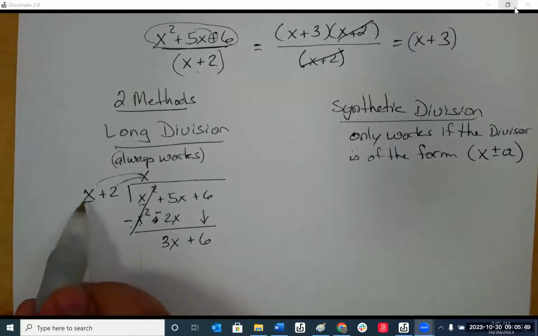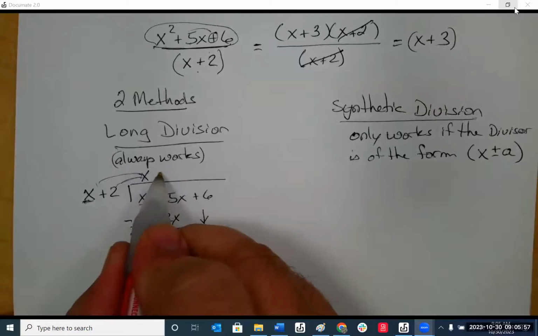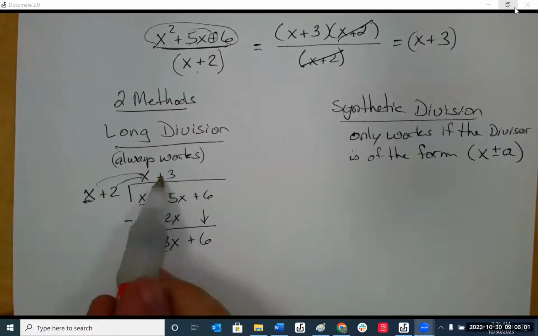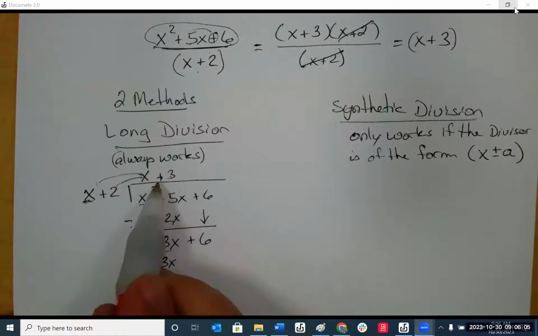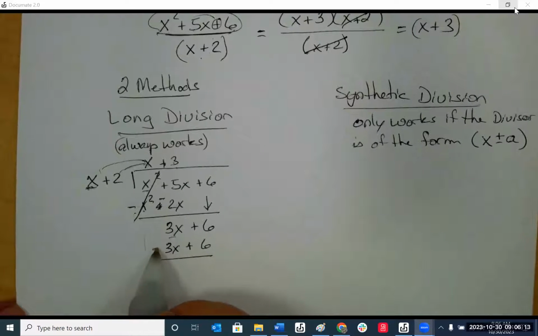Repeat the process. Look at the leading terms. What times x gives me positive 3x? A positive 3. Positive 3 times x is a positive 3x. Positive times positive is a positive. 3 times 2 is 6. Change the signs and add.